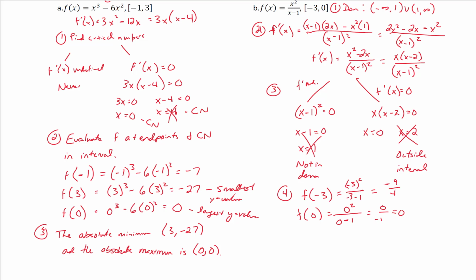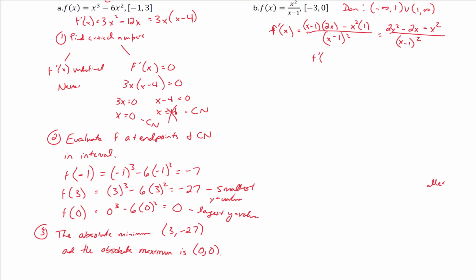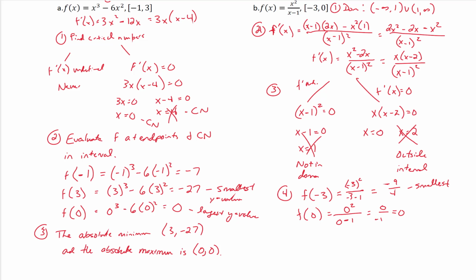So our smallest value in this case is negative 9/4. Our largest value is 0.